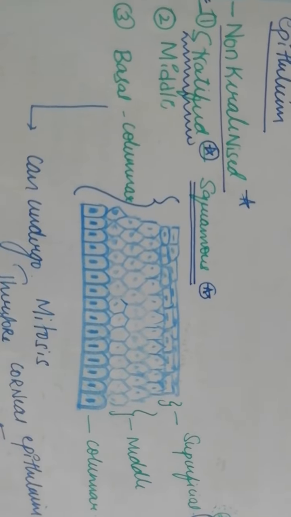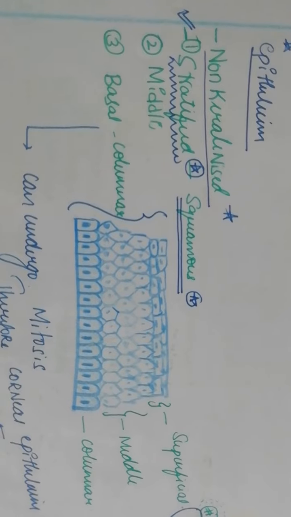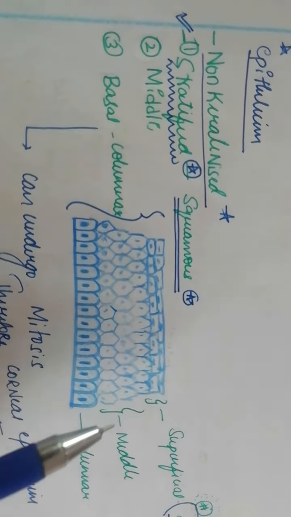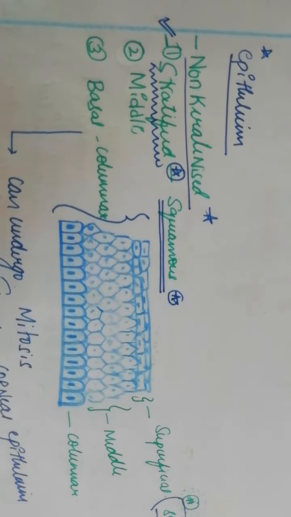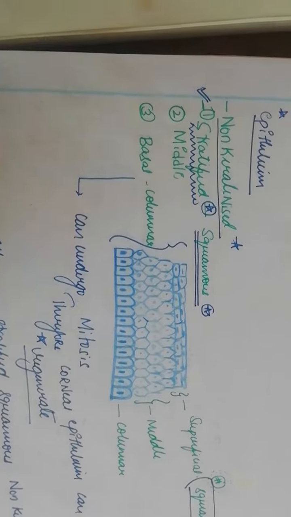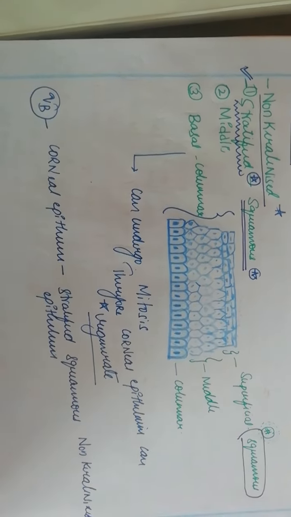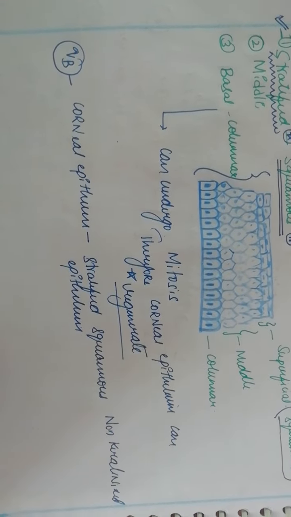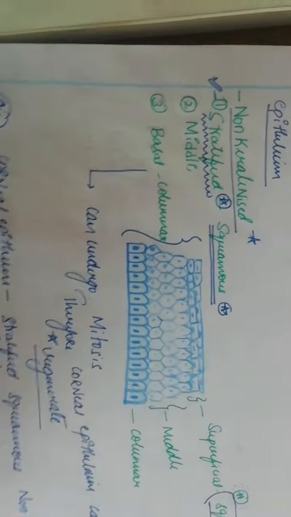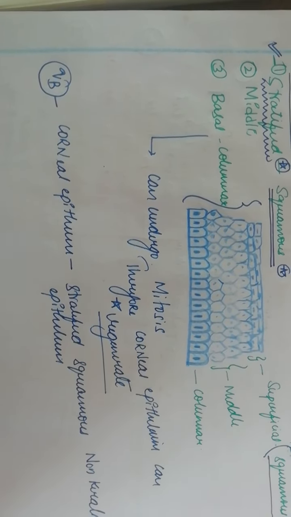It is non-keratinized, stratified, and has flat squamous cells. These are the basic points. In this subtopic, an important question asked is: the corneal epithelium is a stratified squamous, non-keratinized epithelium.